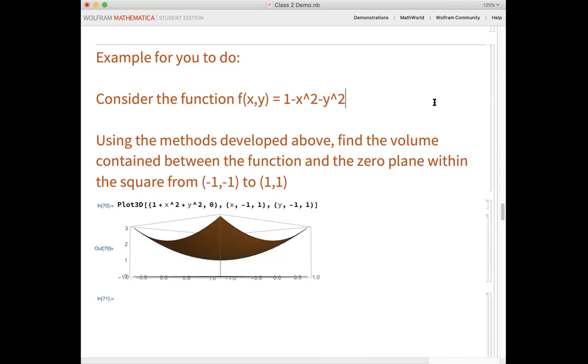I promise at some point this is going to be just as easy as taking a regular integral, which, I mean, integrals aren't exactly easy, but it's not going to be any harder. Yes, you will need to take a double integral here.